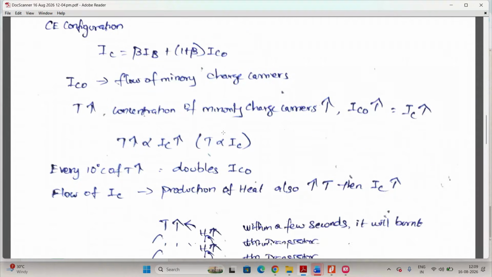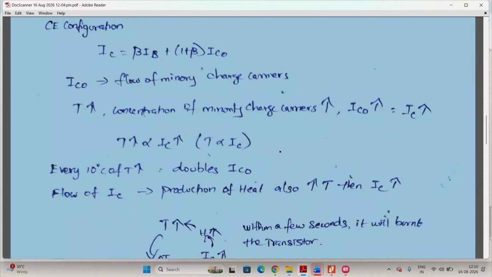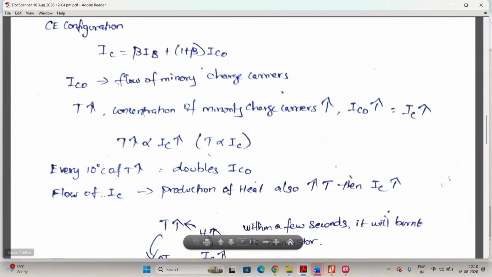So the general definition is that for every 10 degrees Celsius increase in temperature, the leakage collector current doubles. So what happens if the flow of collector current increases?